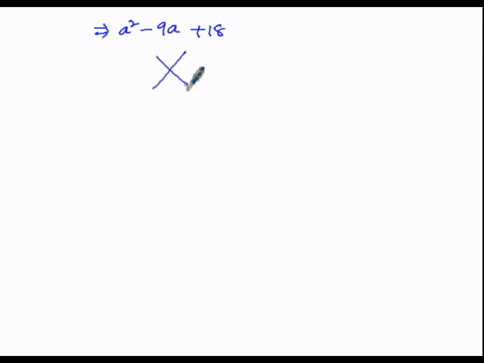The first term is a square, so I want to split it as a into a. So here a square equals a into a.